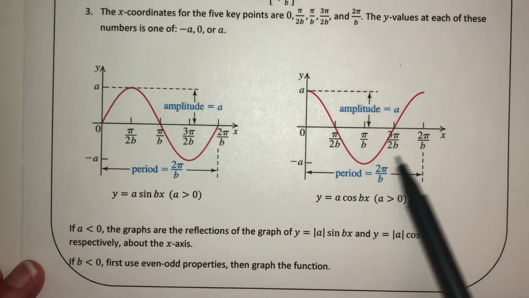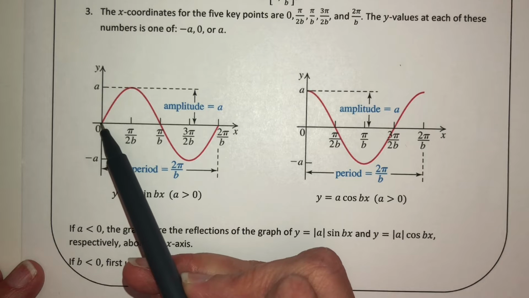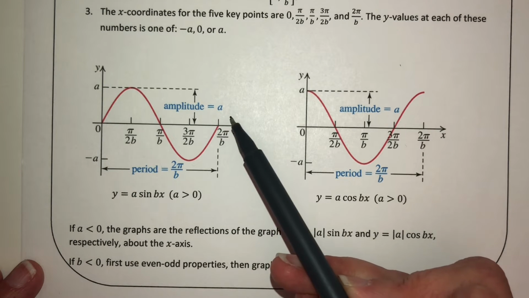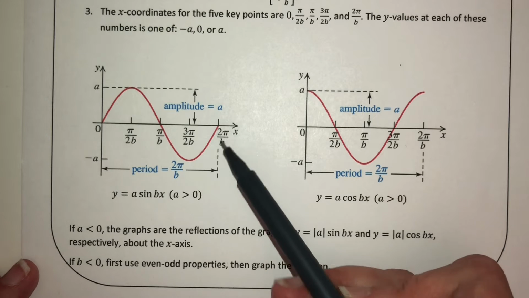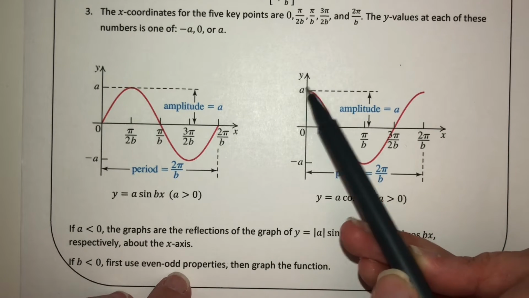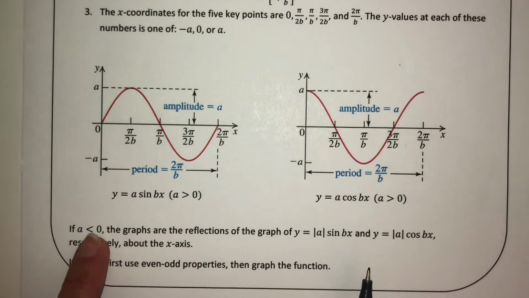Cosine has this basic shape as well. You're going to start and end on the x-axis for sine. Start at your highest point for cosine, end at your highest point for cosine. And then if your a value is negative, then we flip it over the x-axis.